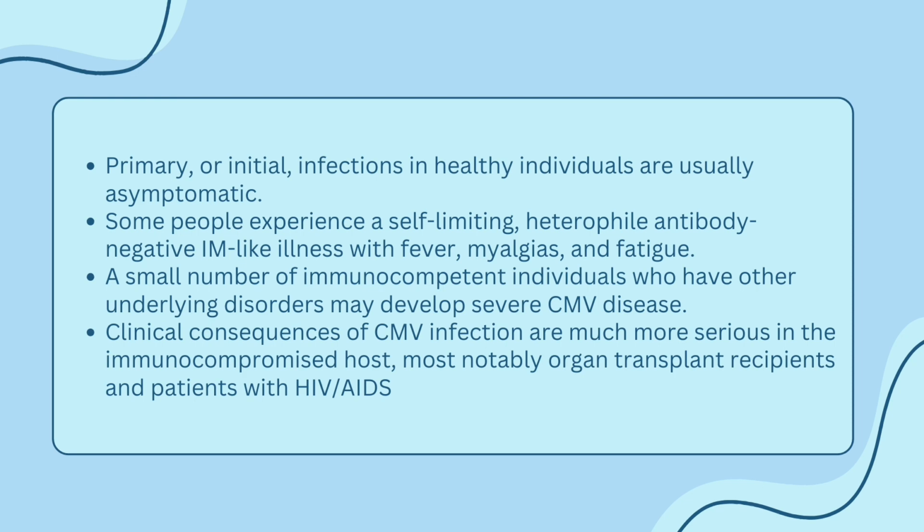A small number of immunocompetent individuals who have other underlying disorders may develop severe CMV disease, which most commonly involves the gastrointestinal tract, CNS, and hematologic abnormalities. Clinical consequences of CMV infection are much more serious in the immunocompromised host, most notably organ transplant recipients and patients with HIV or AIDS.